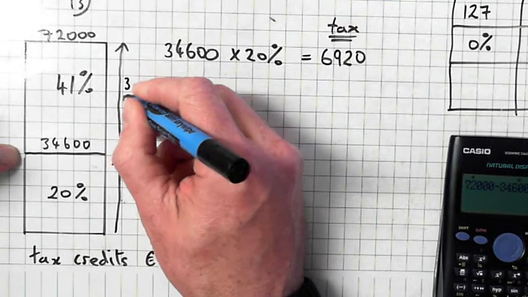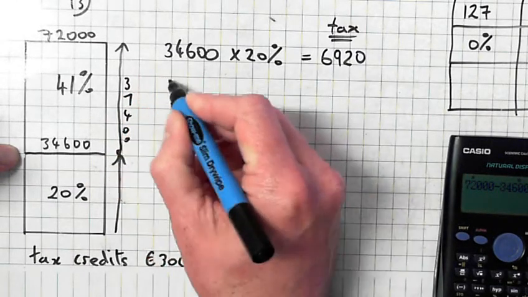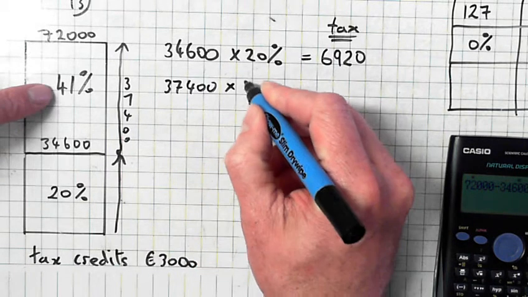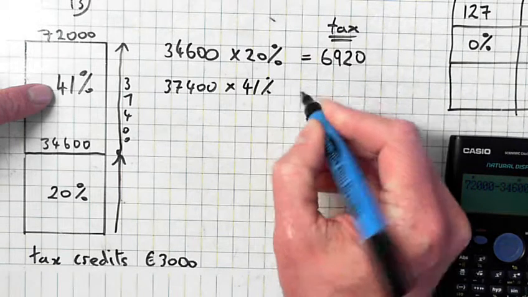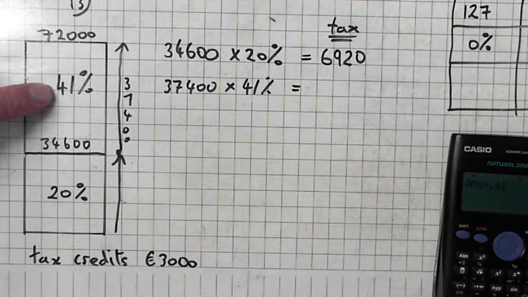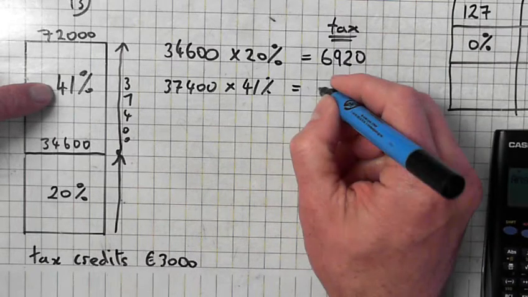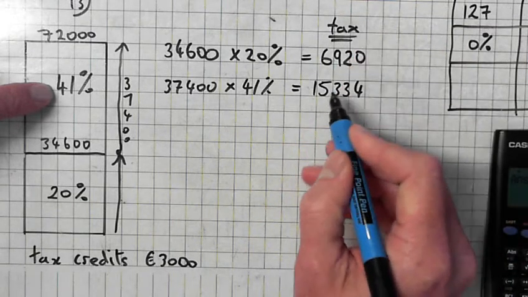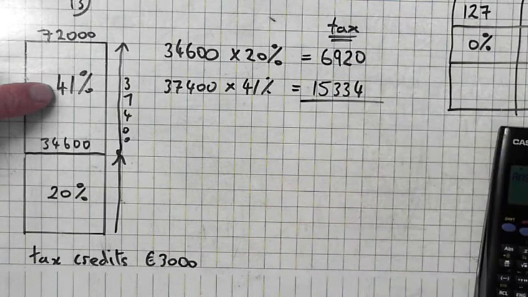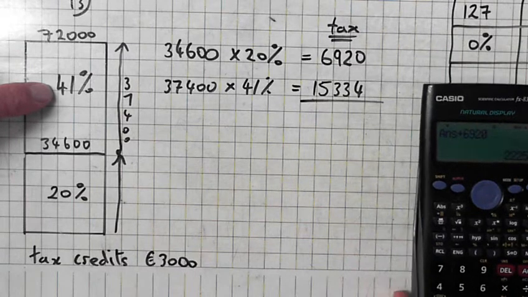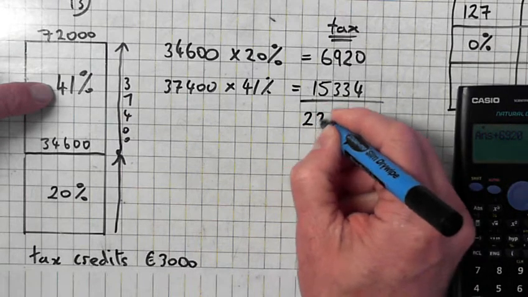This amount here is 37,400 times the rate at that level, which is 41%. 37,400 times 41% is 15,334. Now add those two tax amounts together: 22,254.